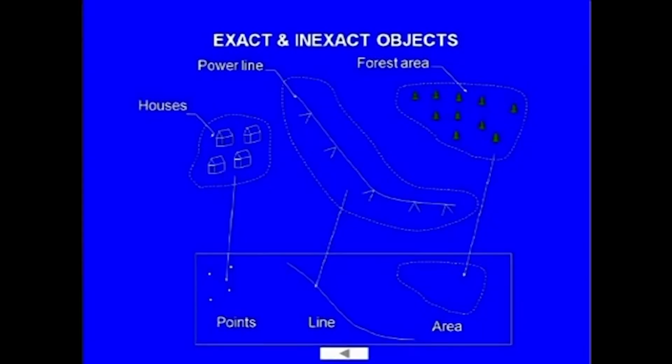However, the power line being a continuous string of information passing over a given range, the same can be represented as a line, while the forest area may have a variety of information. So, it may be prudent to provide the exterior boundary and identify it as a forest area, and this could be represented as areal information represented by a polygon.